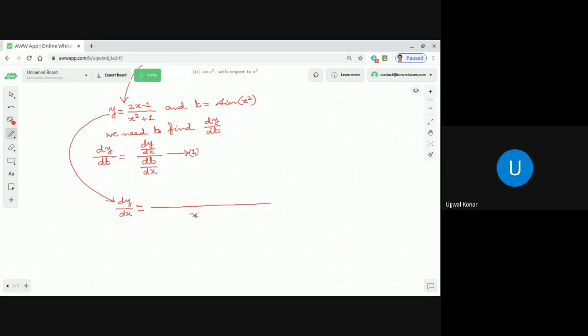All of you are able to follow my statement, na? So it is x square plus 1 into d/dx of 2x minus 1, minus 2x minus 1 into d/dx of x square plus 1. Any doubt here? Clear, no?